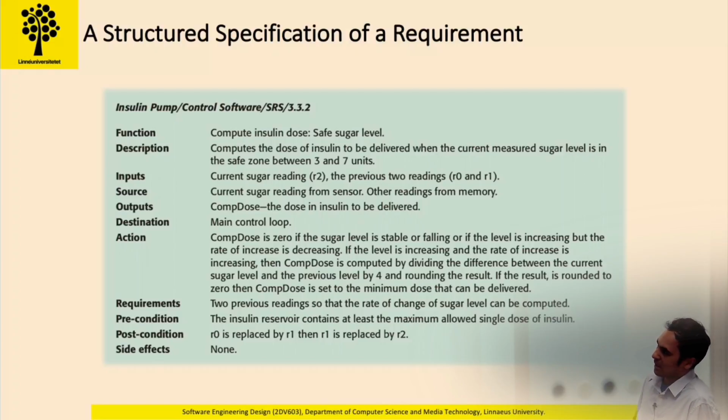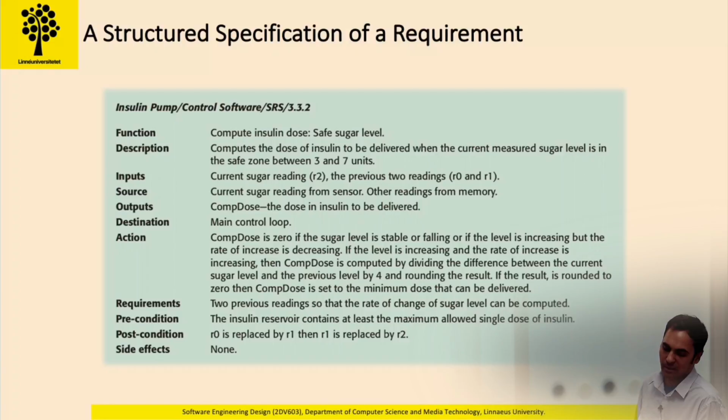So what does this requirement do? It computes the insulin dose, that is, the safe sugar level. So this is the main function. Then it has the description of the requirement, a more detailed description. Then it has the input. The input is the current sugar reading, that is R2, and the two previous readings, R0 and R1.